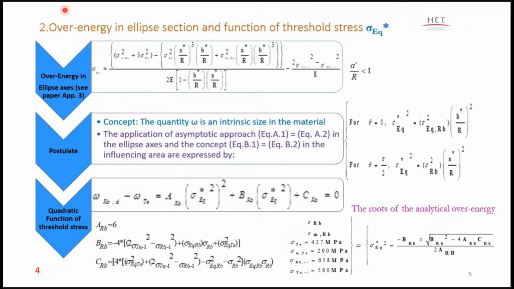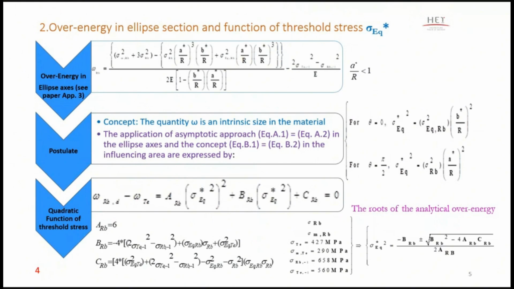So here we have over energy in ellipse section as a function of threshold stress. You have over energy in ellipse here, and over energy in ellipse axis.